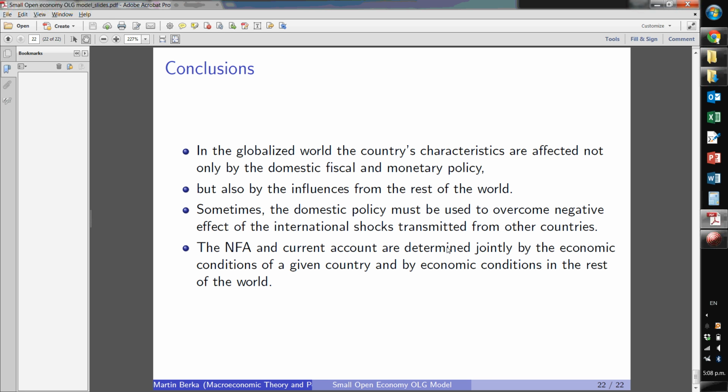So you can see there's a transmission mechanism going on in the world, which we can model. It's an extremely simple transmission mechanism right now, but you can make it much more realistic. Net foreign assets and current account are determined jointly by the economic conditions of the given country and of the rest of the world. Why the rest of the world? Again, because the rest of the world variables determine what's going on with the interest rate.